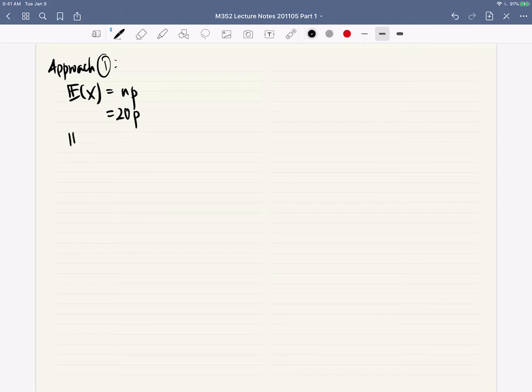On the other hand, the output that we saw was 4, and since the expected value is something we're most likely to see, it makes sense for us to say, well, that would be 4. So put these two things together and say 4 equals 20p. Well, divide both sides by 20. And so my estimator would be 4 over 20, which is 0.2, 1 over 5.